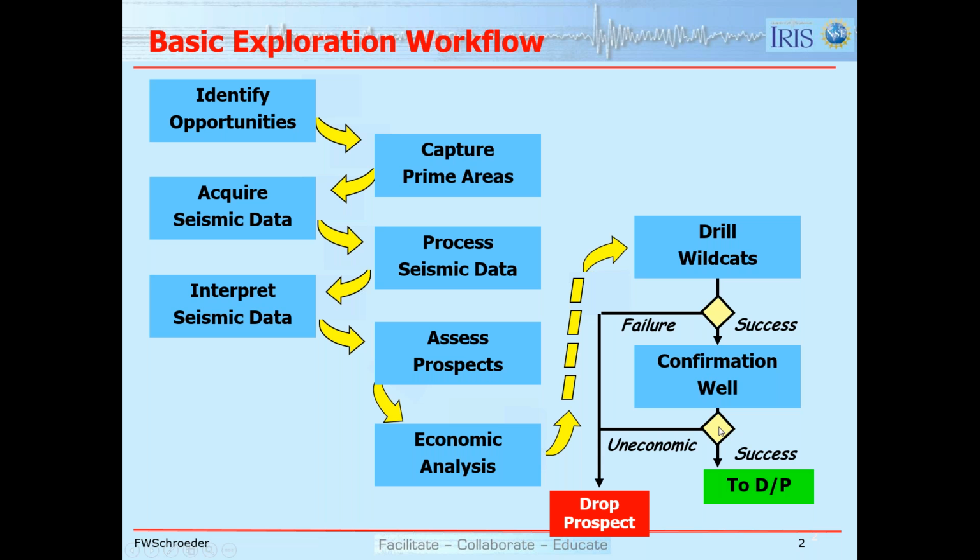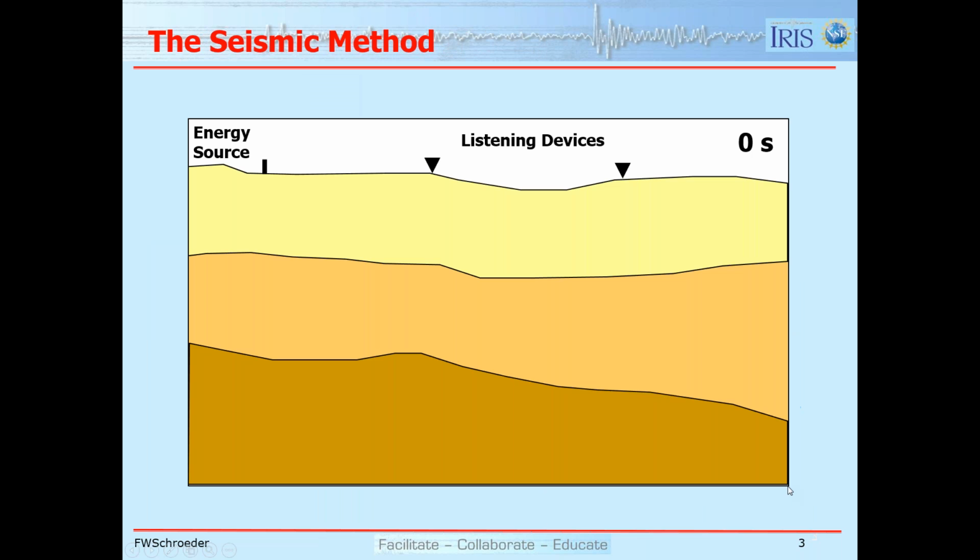We can make a profit off of that. And then the explorationists would turn it over either to development geoscientists or production geoscientists. And as we go through the series of lessons, and if you do the exercises associated with each lesson, you'll be going through this particular workflow.